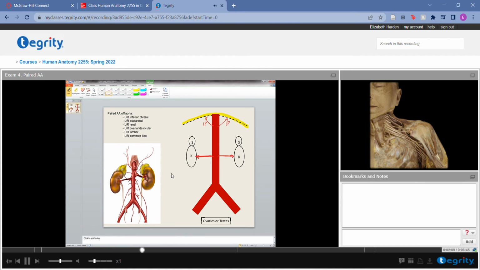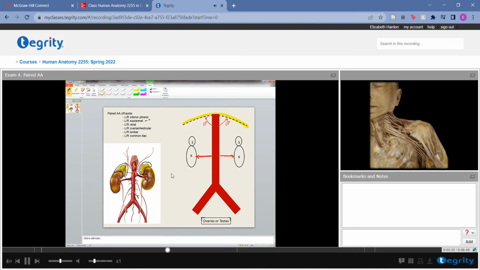So if we jump back up to these organs right here, these little glandular looking things are endocrine in function. These are suprarenal glands, suprarenal meaning above the kidney. And these have 3 paired vessels that are called suprarenal vessels.